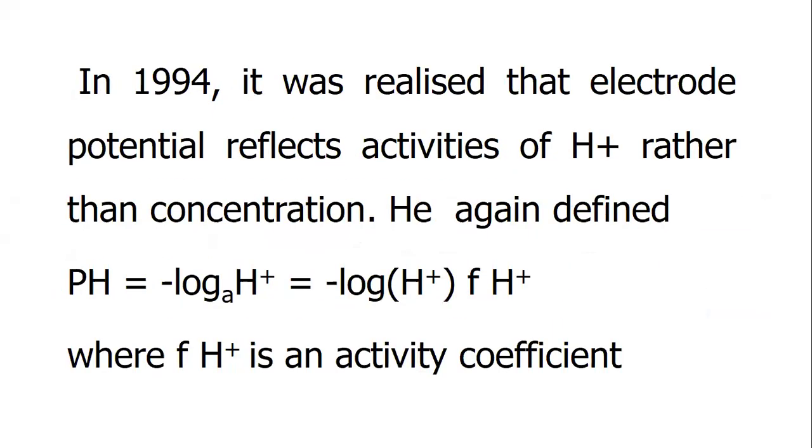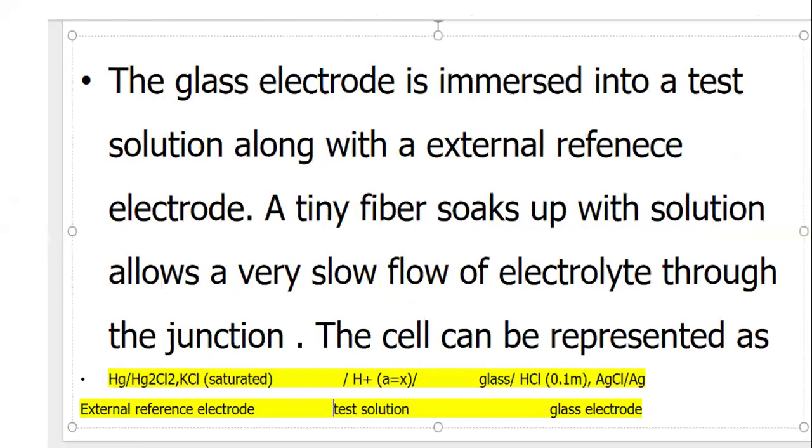Later it was realized that electrode potential reflects the activity of H+ rather than concentration. So pH was redefined as minus log a H+, equal to minus log of the concentration of H+ times f H+, where f H+ is the activity coefficient. The glass electrode is immersed into a test solution along with the external reference electrode.